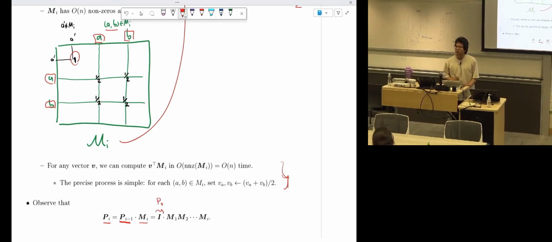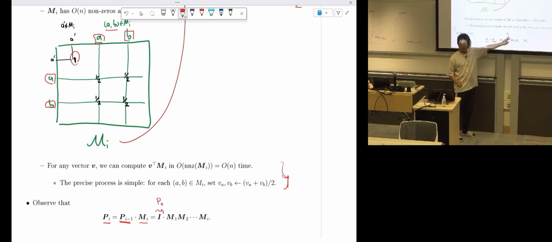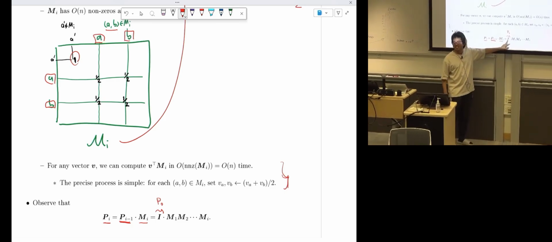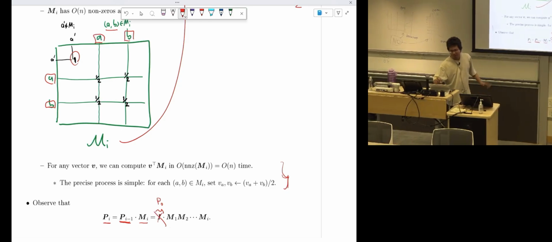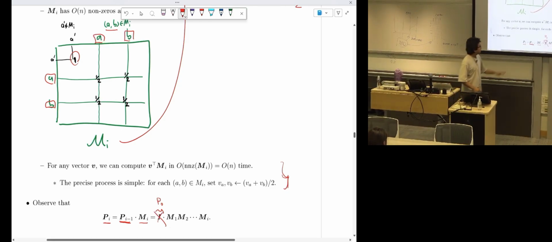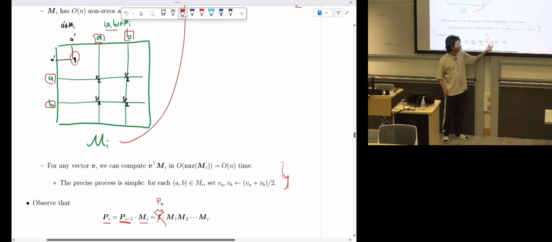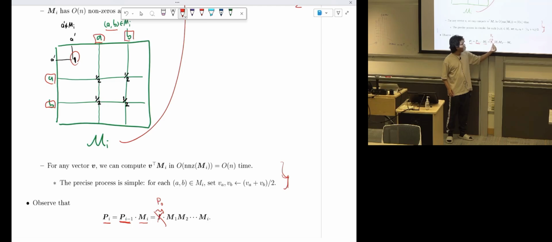Just unfold this. What's P0? P0 is identity, so you can remove this. So PI really is just the product of M1 up to MI.